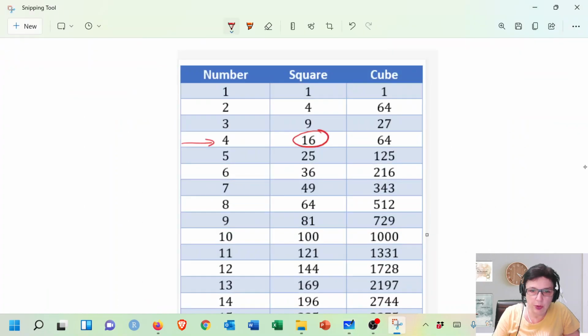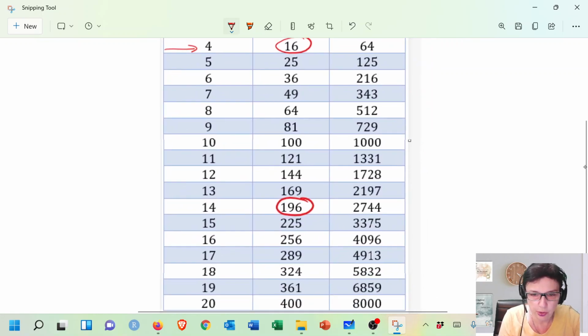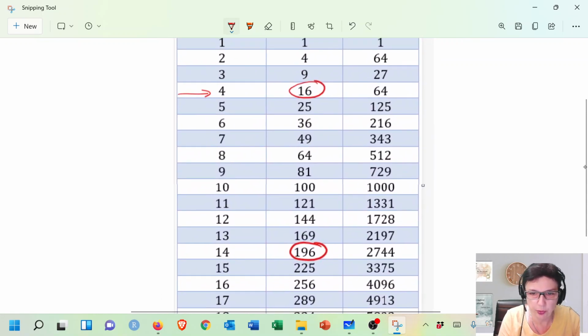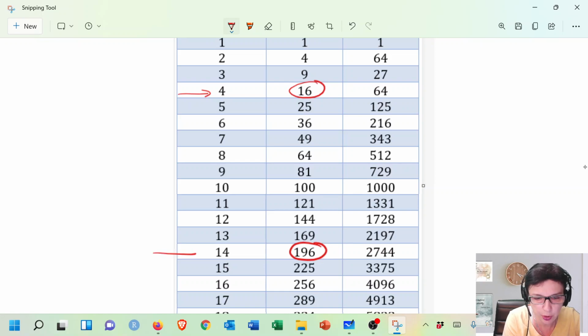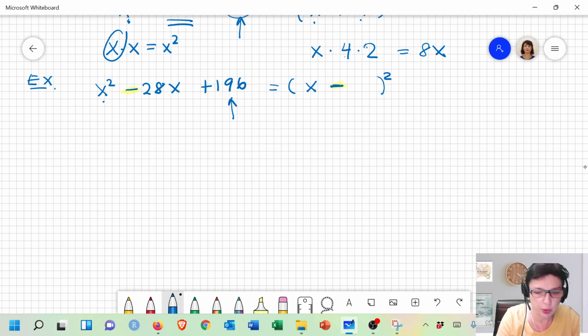Well, that's where you go to this table and you see, where do I see 196? Well, I see it right here. This table actually goes all the way to 20, but 196 is the square of what? 14. So that's all you have to do, just say, oh, okay, then that's going to be 14. And that's basically it.